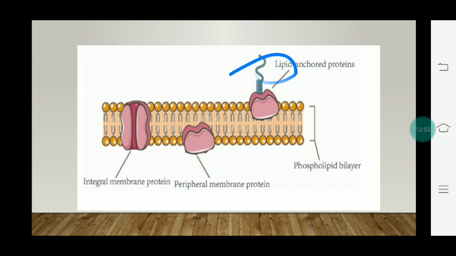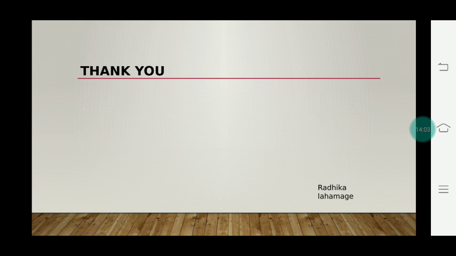I hope you all know about the structure of the plasma membrane, which is made up of membrane proteins and lipid bilayers. Lipid bilayers are amphipathic in nature, with two types of proteins, integral proteins and peripheral proteins, and lipid linked proteins.